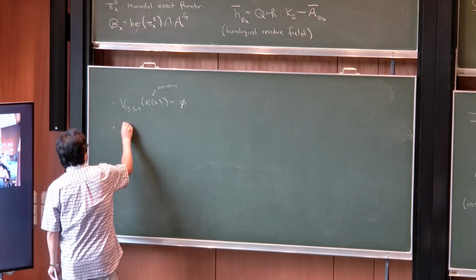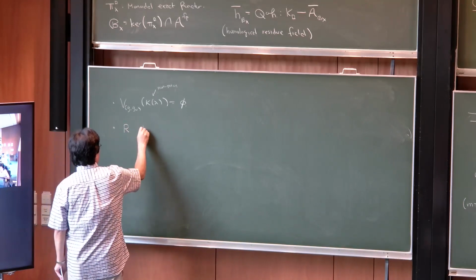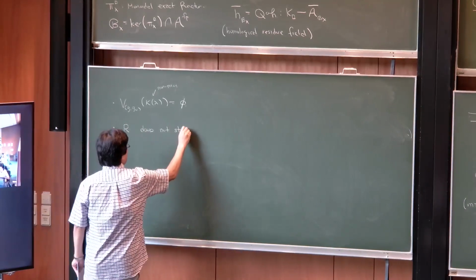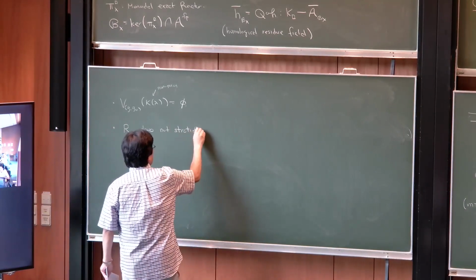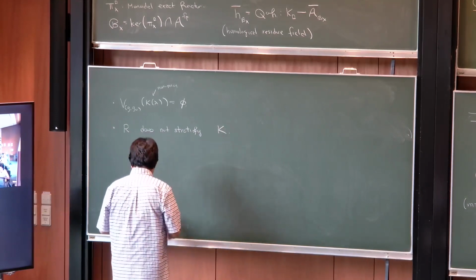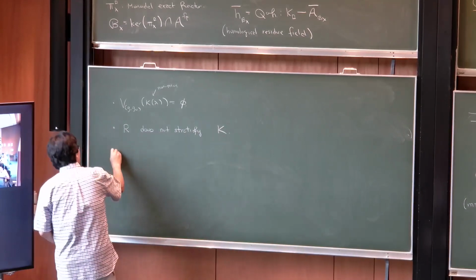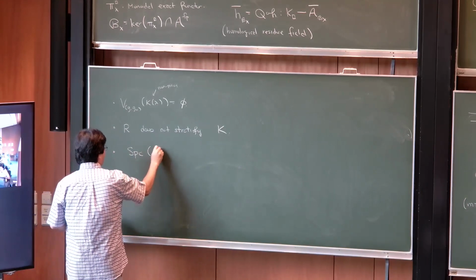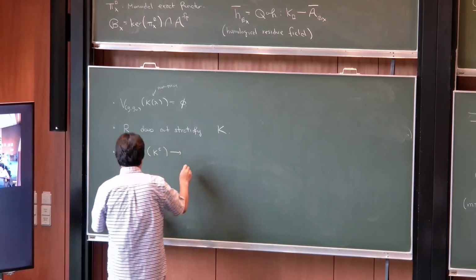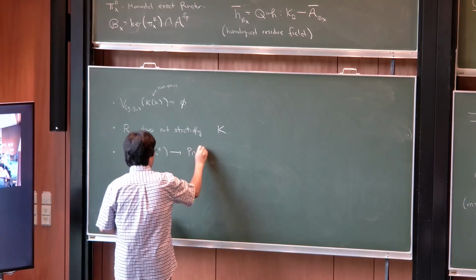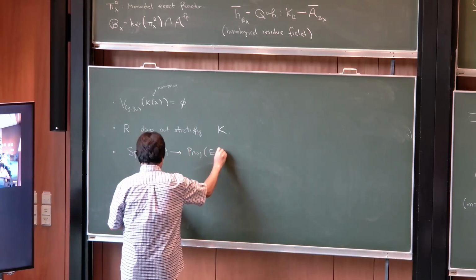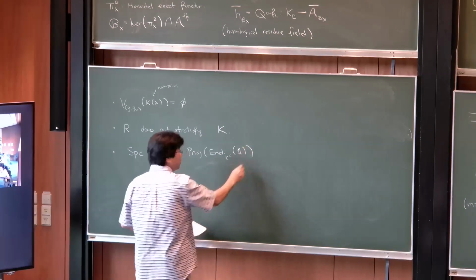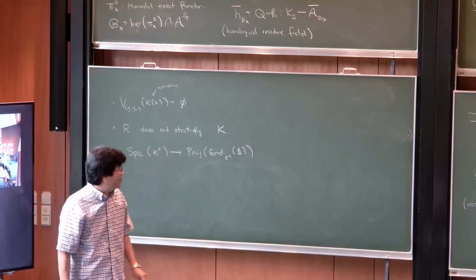Moreover, in hindsight, you see that the cohomology ring does not stratify. Okay, right? And moreover, when you take Spc of K(C) and you go down to the product of endomorphism algebras, this is not bijective.